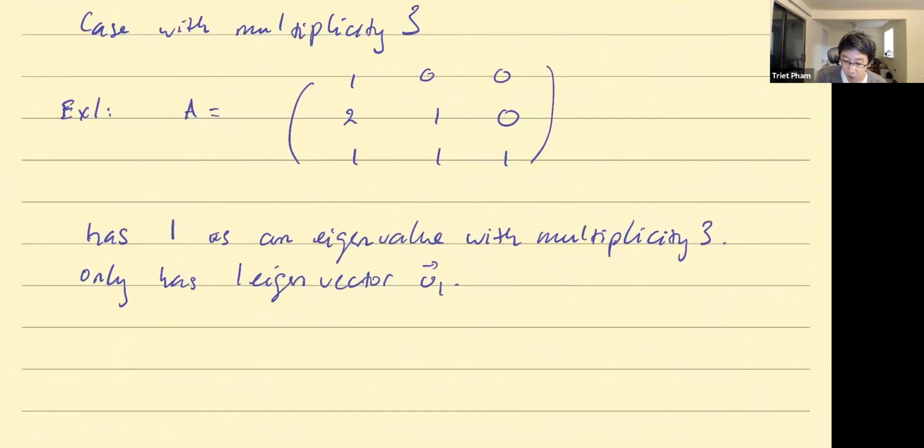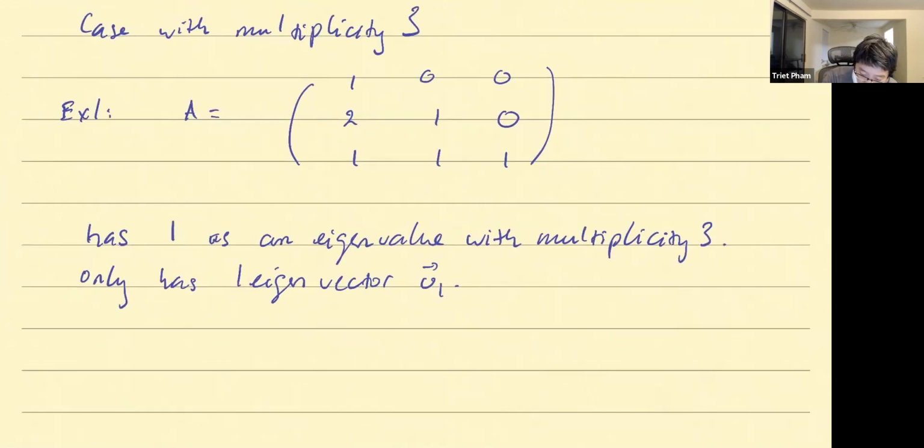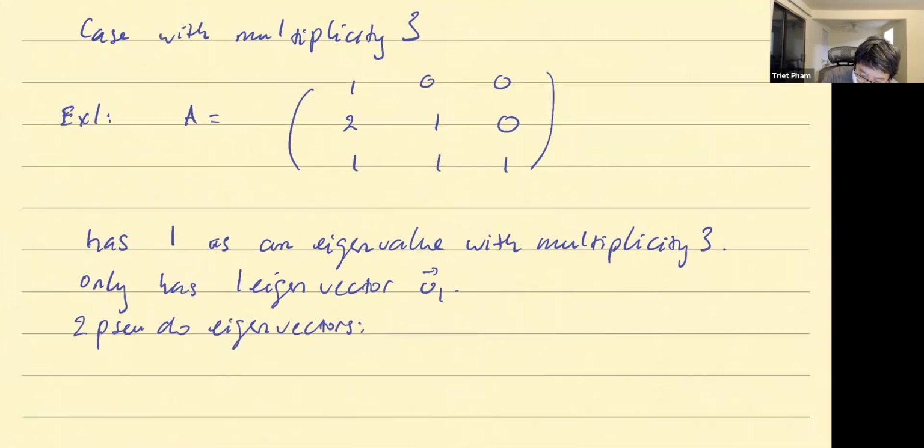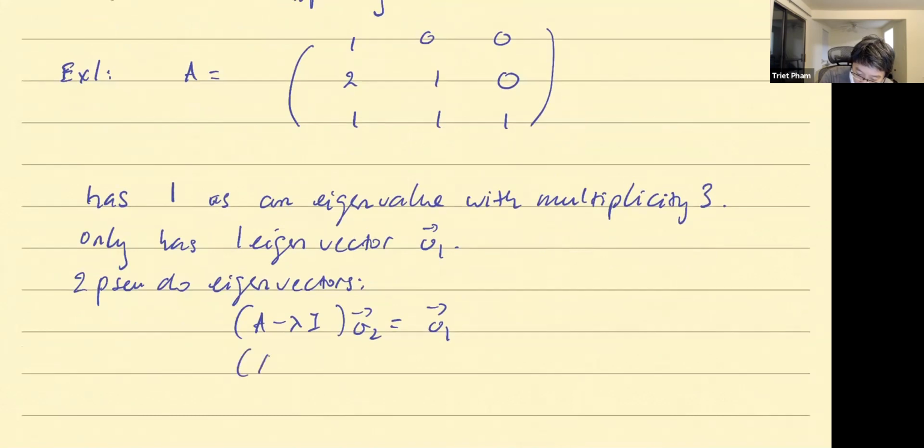And so in this case, what you do is you solve for two pseudo eigenvectors, where the first one is A minus lambda I v2 is equal to v1. And the third one is the second pseudo eigenvector, okay?